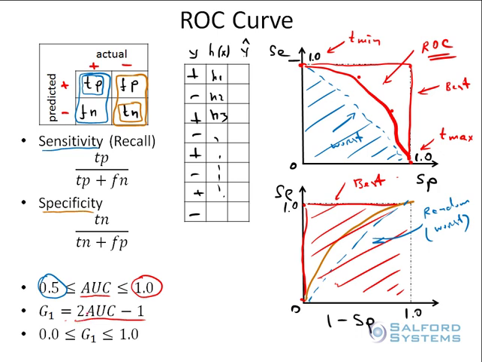So by and large, this is what the ROC curve stands for, and this is, again, one of the very important performance measures that you will encounter out there. People often ask, what would be the best value for my ROC? Well, the answer is it depends.